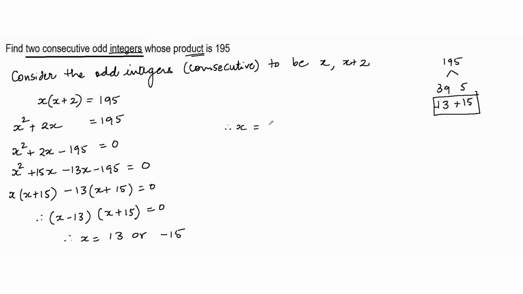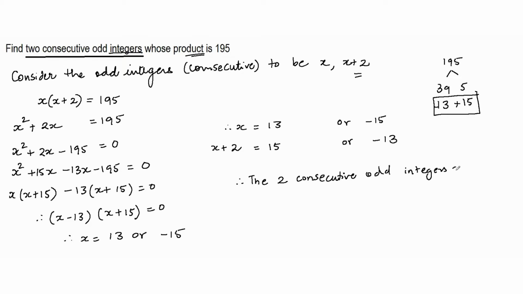Therefore, x could be either 13 or negative 15, which means x plus 2, that's the next odd integer, would therefore be 15, or negative 15 plus 2 would be negative 13. And therefore, the two consecutive odd integers are either 13 and 15, that's one possibility, or negative 15 and negative 13.